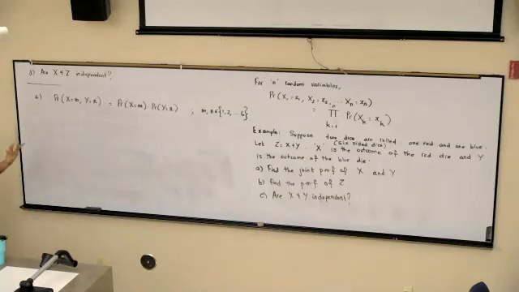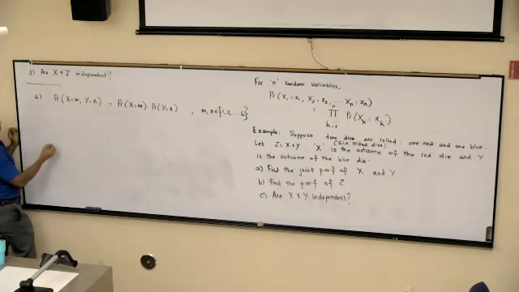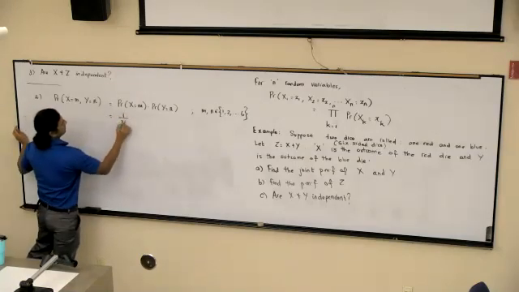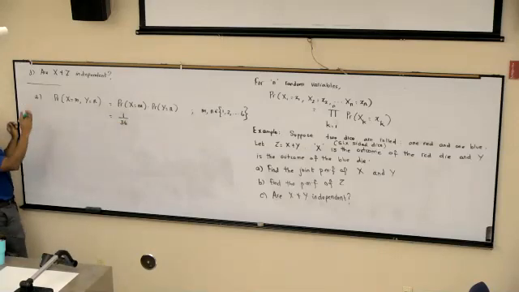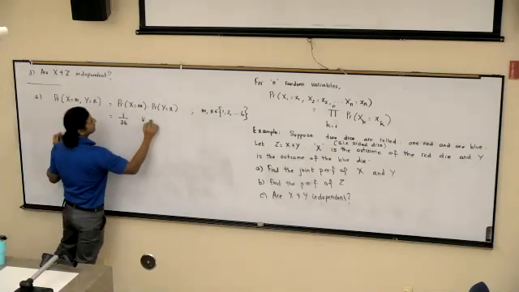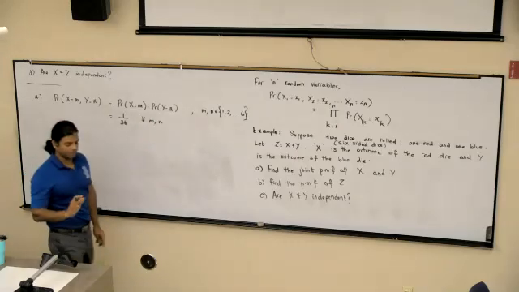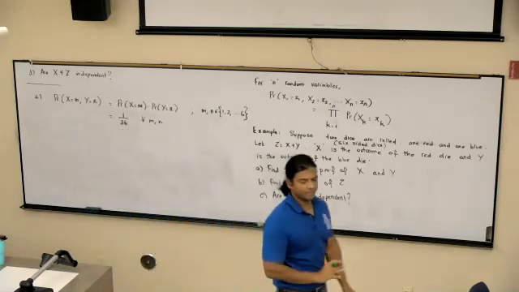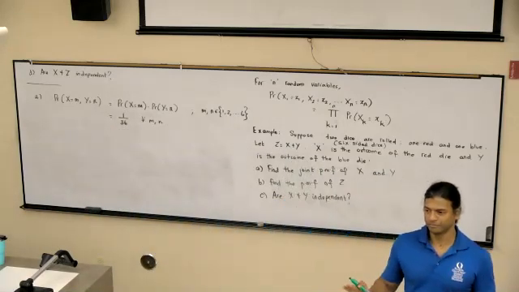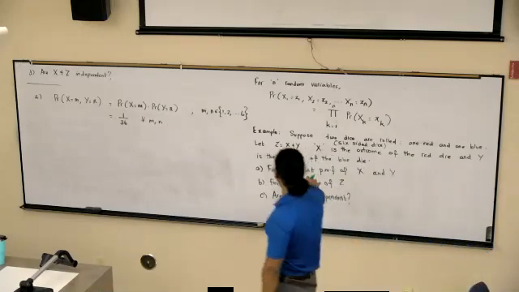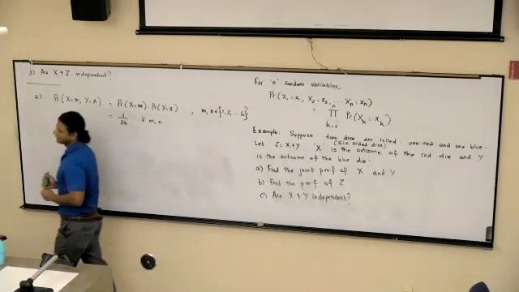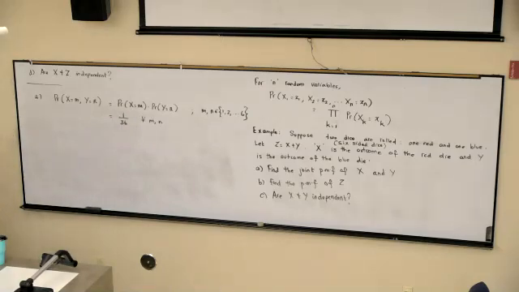So that's the joint PMF. And if you add every single probability in a joint PMF, it will sum to 1. Just like a single PMF of a random variable, every single probability in a joint PMF must add up to 1.